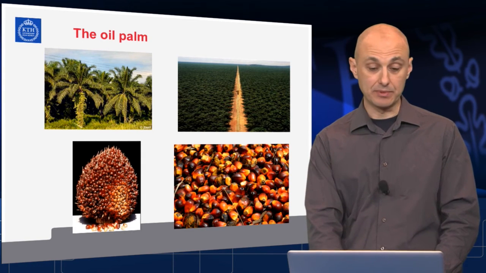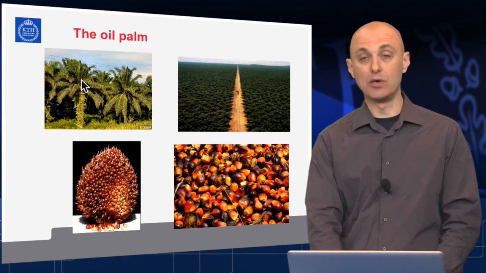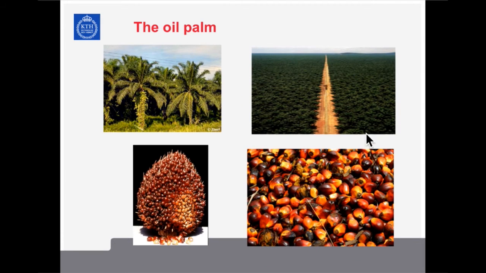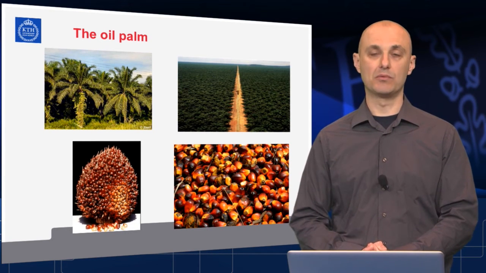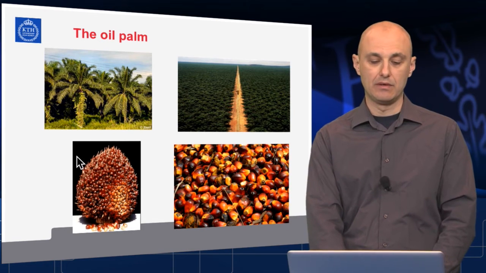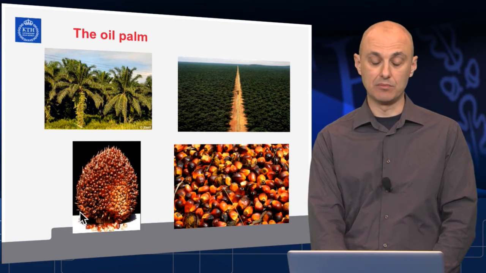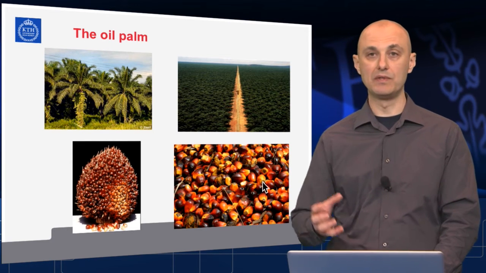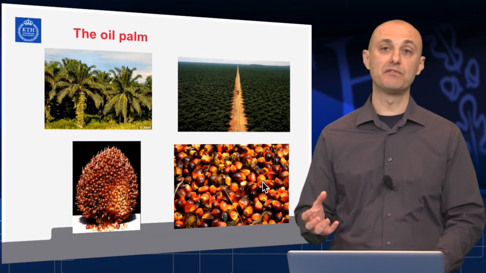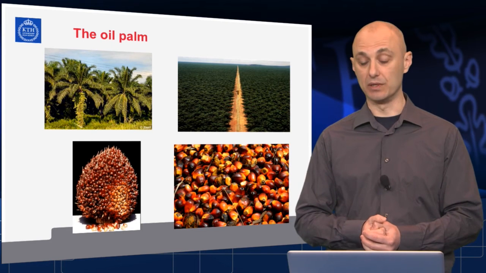It is a cash crop, and you can grow it quite successfully anywhere in the equatorial climate zone. And it has been grown a lot, actually replacing the original vegetation in enormous areas. Funky fruit that is composed of this type of small fruit parts where both the meat, the flesh of the fruit, and the kernel contains oil.